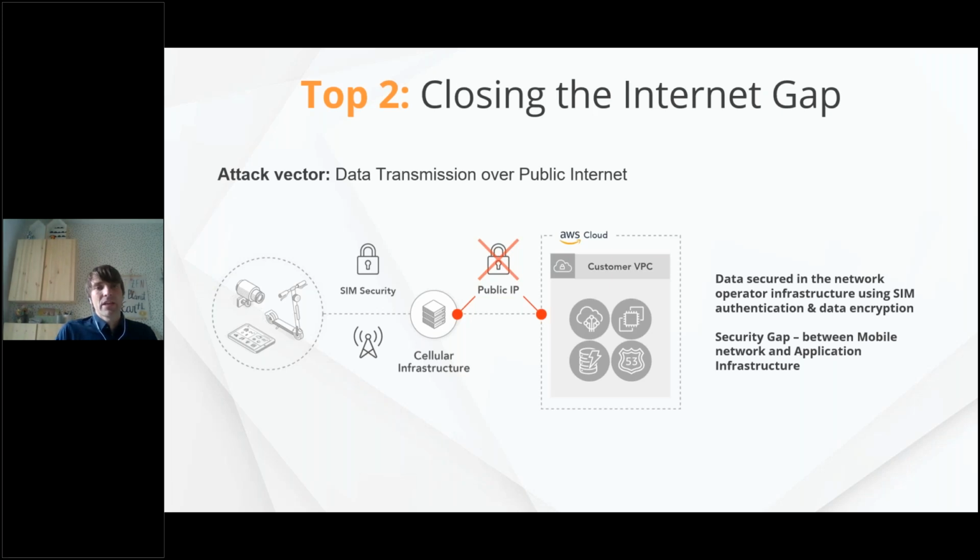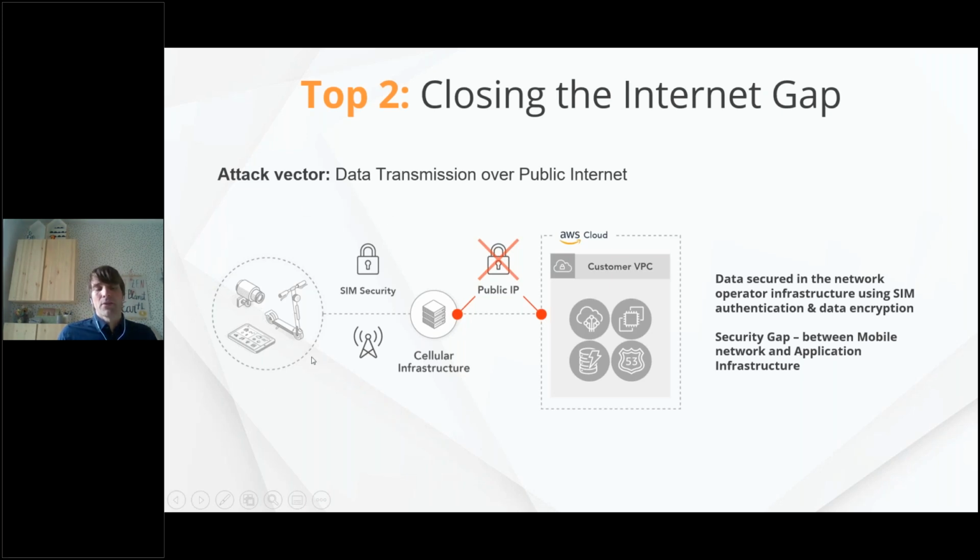The second feature I want to talk about is closing the internet gap. Let me explain what the internet gap is. One attack vector that is usually of concern is when data is transmitted over the public internet. This picture shows that the device with the SIM card is secured within the mobile network.